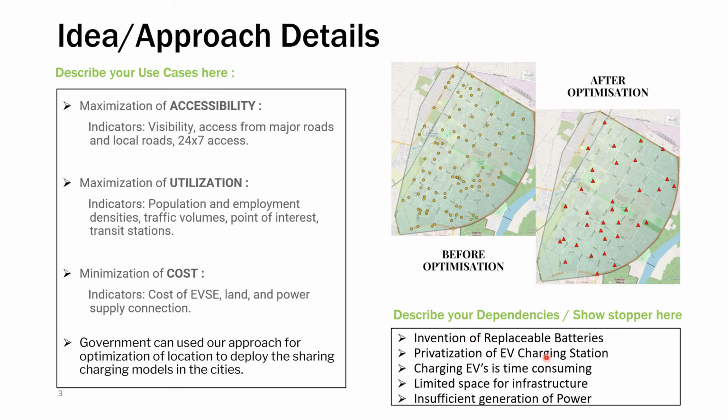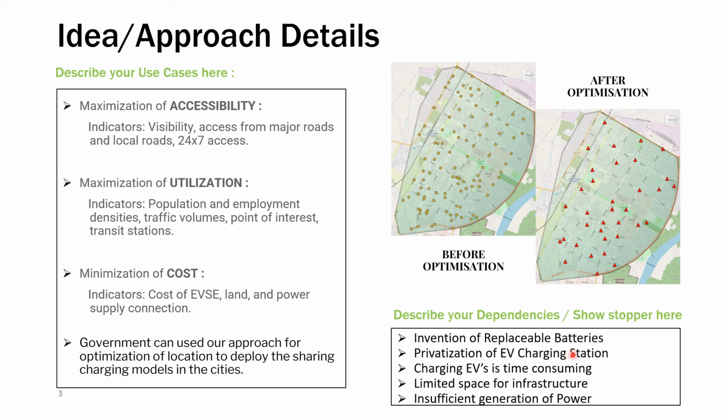Then privatization of EV charging stations. What happens if a person who owns a charging station, which is private, allows other people to come and get a charge from his charging station for some money?